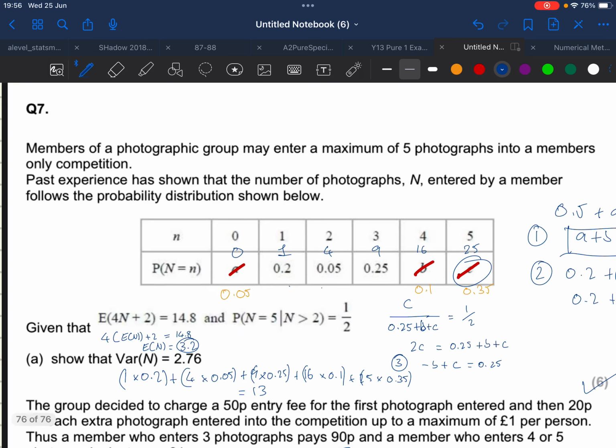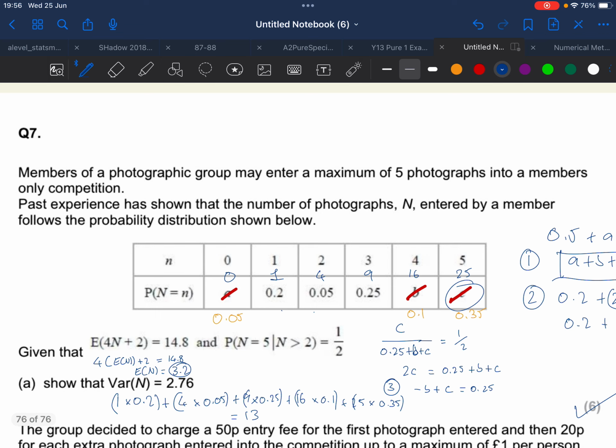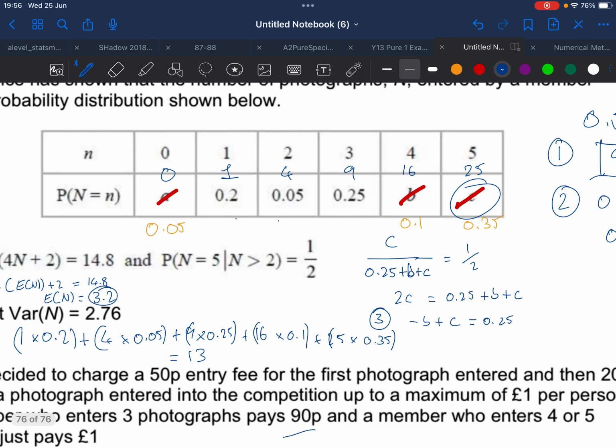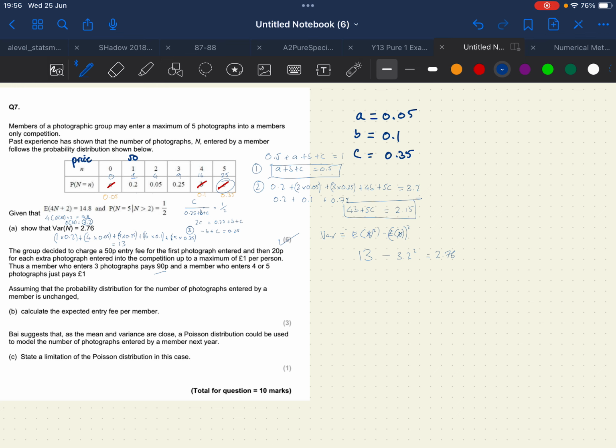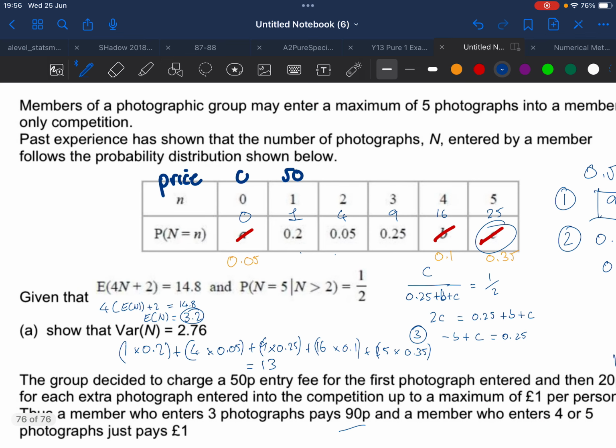Okay, so we go back to our table then, don't we? The probabilities are going to stay the same because we found them out. And maybe I'm going to add another column, say, price, for example. So price for the first photo was 50p, wasn't it? It's implied that if you don't enter any photos, it's a 0 still.